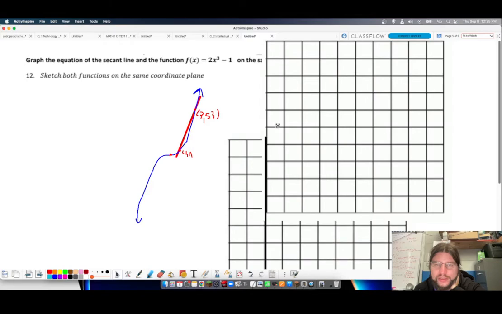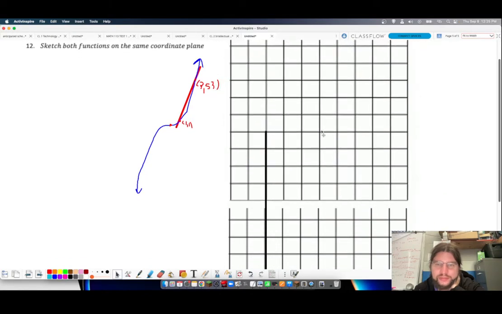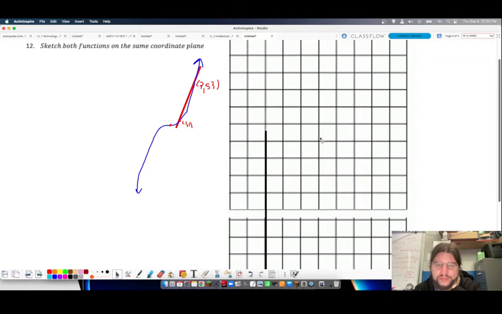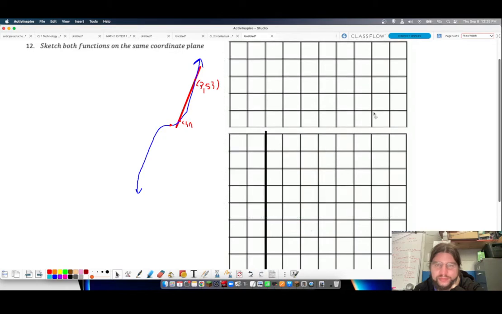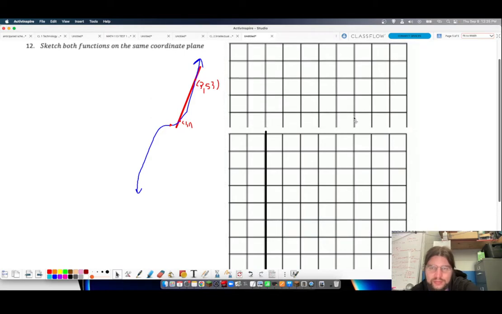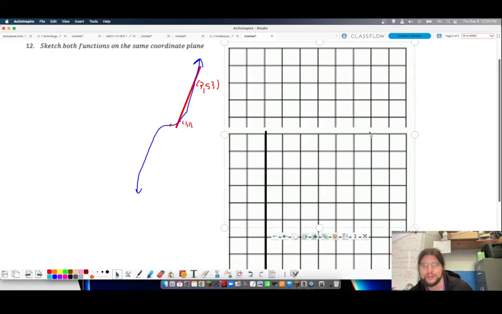I don't know how picky your teacher is about this, but here's what we need to do. Okay, so it's a little gap there, but just deal with it. Pretend this gap isn't here and we'll go with it.